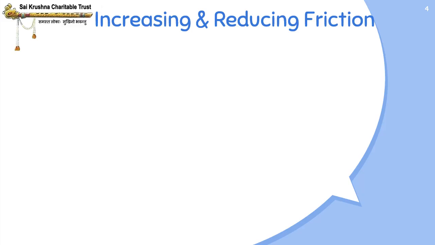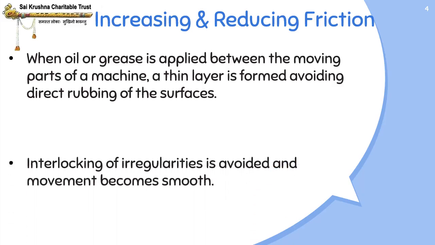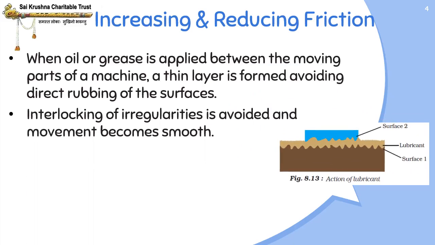Now, how does applying oil or grease reduce friction? Whenever we apply oil or grease between the moving parts of a machine or any two surfaces, a thin layer is formed. In this figure, there are two surfaces, surface 1 and surface 2. Whenever we apply oil or grease, a thin layer is formed between these two surfaces which avoids direct rubbing of these surfaces.